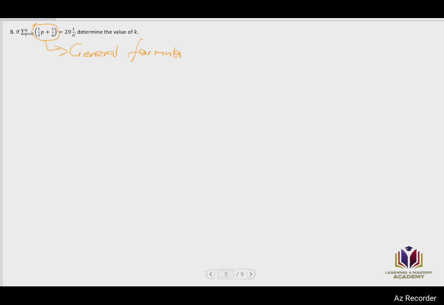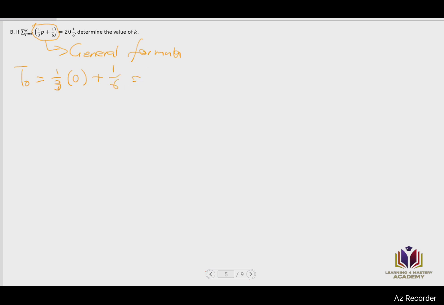Now we have to figure out the a and the constant difference, because this is going to be an arithmetic series. If it was geometric, it would be exponential. However, you still have to verify. So we're going to start with T0, which is going to be our T1. When we substitute 0 in place of p there, it's going to be 1/3 times 0 plus 1/6.